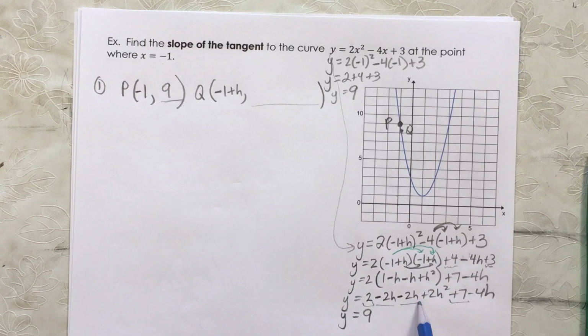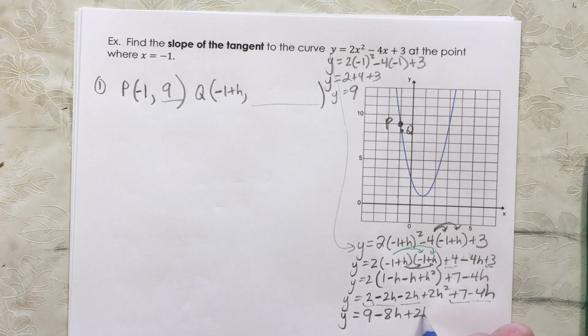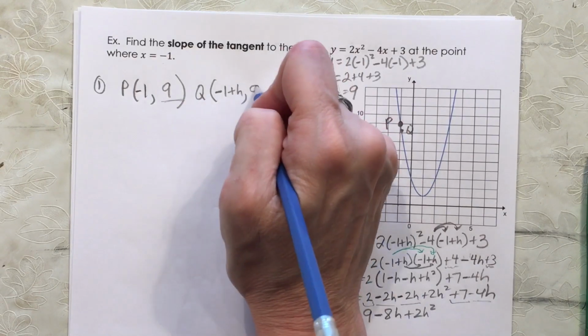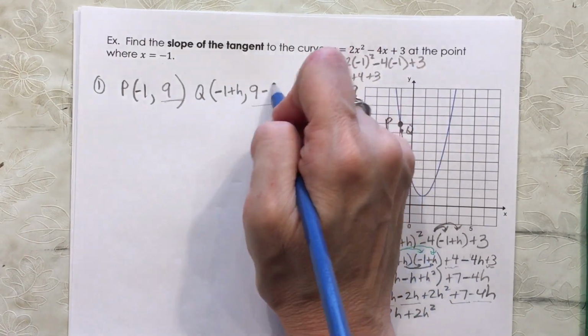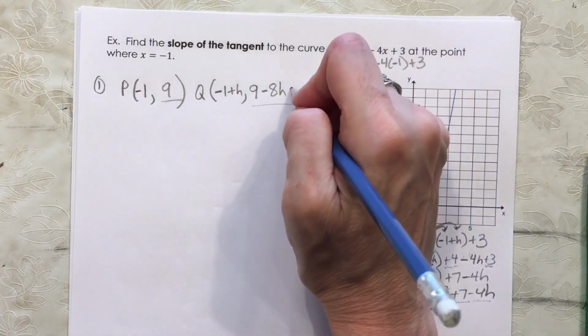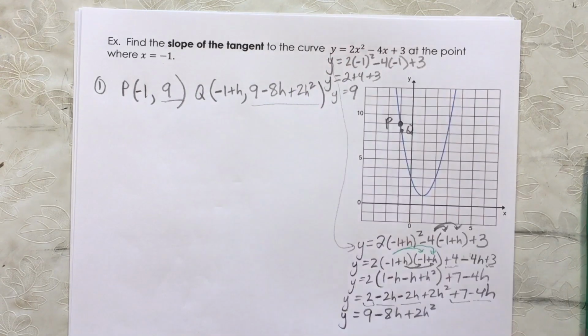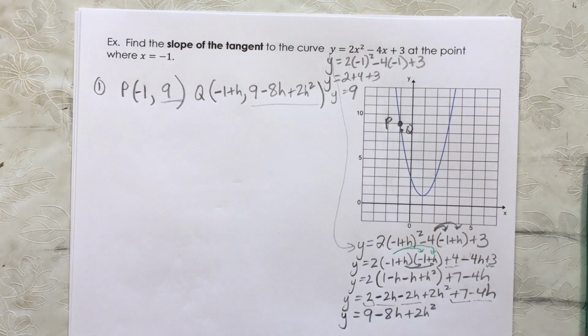Minus 2h minus 2h is -4, minus another 4 is -8h, plus 2h squared. So 9 minus 8h plus 2h squared is the corresponding y value. So there's my step 1. I've got my point P and my point Q.